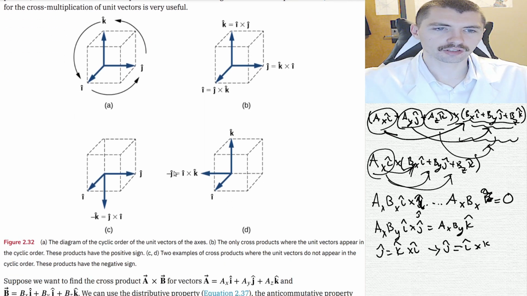It is saying, okay, so here is the rule. Here's one example. If you have I cross K, you get it in the different direction. Okay.